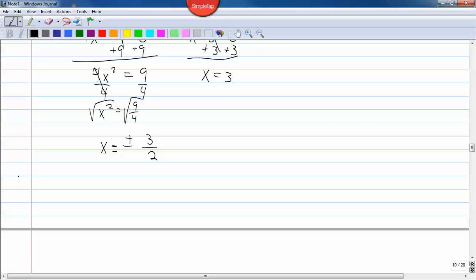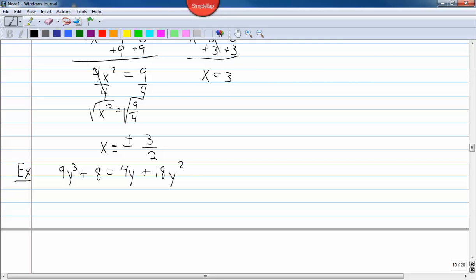Let me try one more, or show you how to do one more real quick. Let's say that I have 9y cubed plus 8 equals 4y plus 18y squared. Alright, so I need to move every term to one side of the equation.